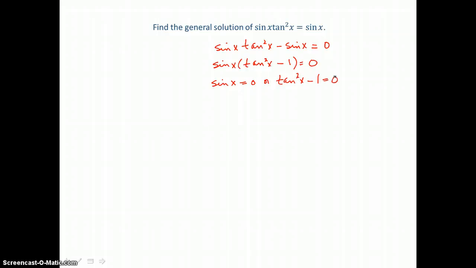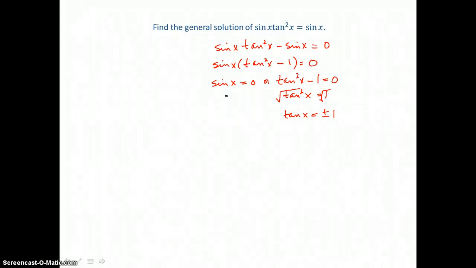So in this first equation, our function is alone, sine x is alone, but in the second equation, we're going to have to add 1 to both sides to get tangent squared x alone, and then take the square root of both sides to get just tangent x. So tangent x, taking the square root of both sides, is going to equal two solutions, plus or minus the square root of 1, which is 1. Okay, now let's find solutions for x in our first equation.